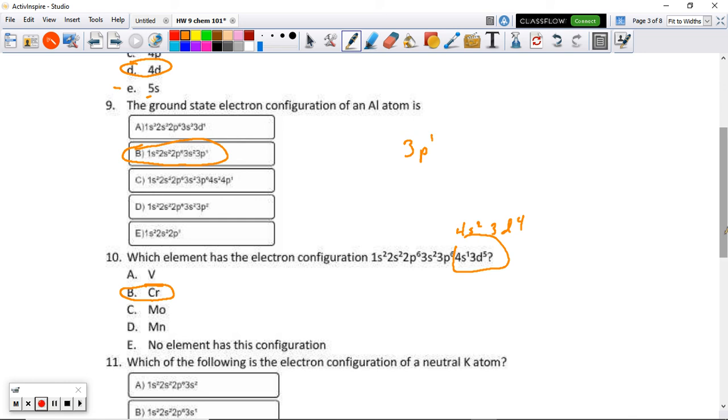All right. This has to do with a stability thing. If you remember, the d orbital has 5 orientations.